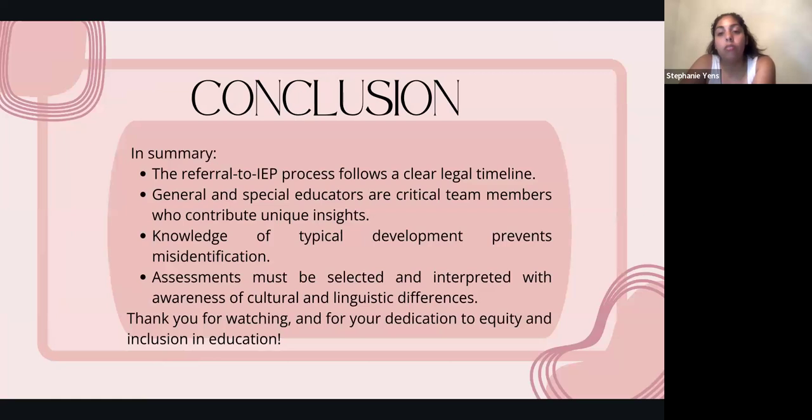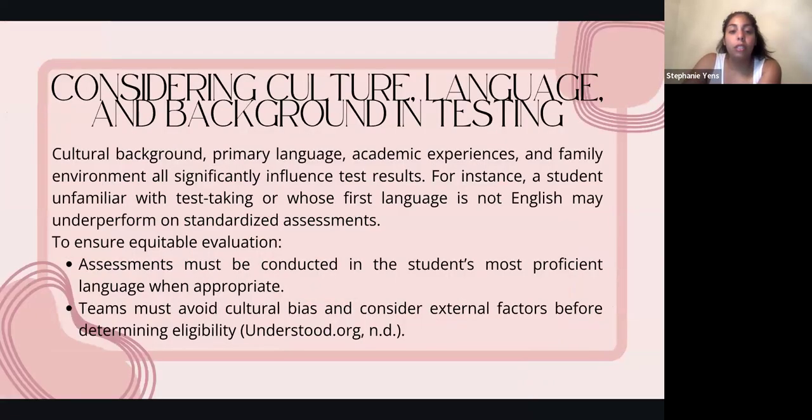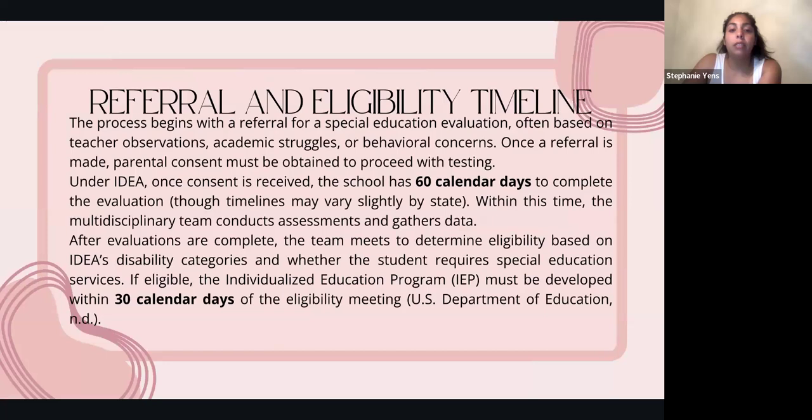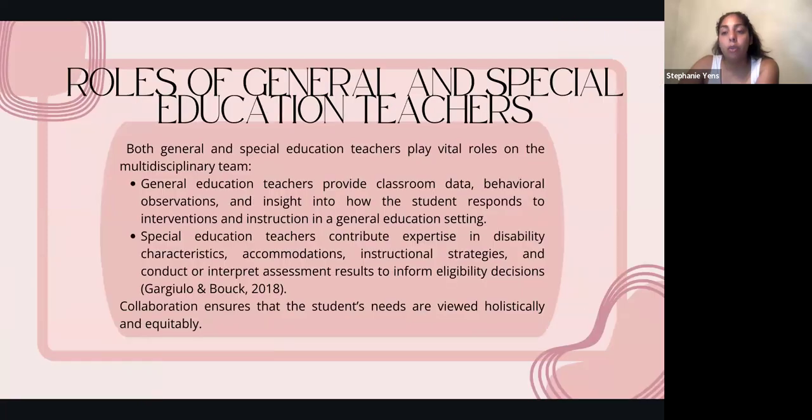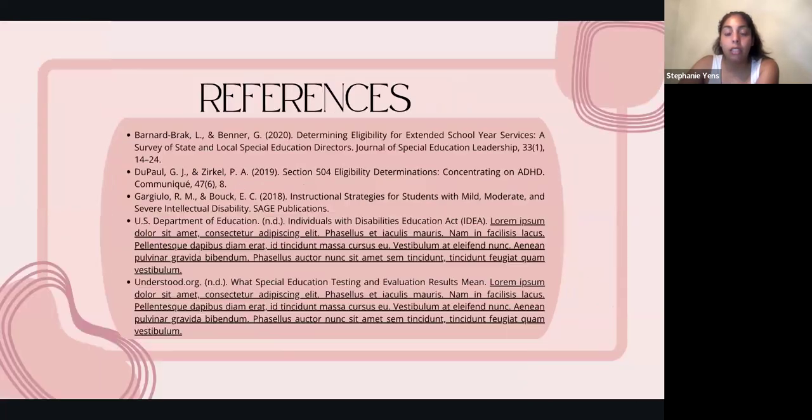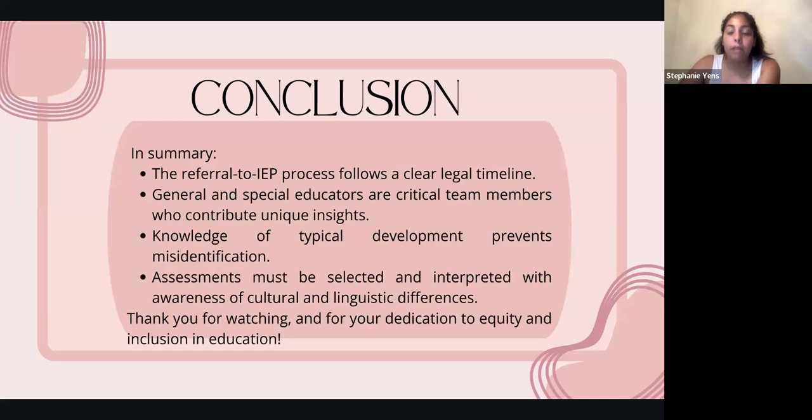And in conclusion, the referral to IEP process follows a clear legal timeline. So, like I stated before, if a student is referred by a teacher, and once they receive consent from a parent, the school has 60 calendar days to complete the evaluation process. General and special education educators are critical team members who contribute unique insights.